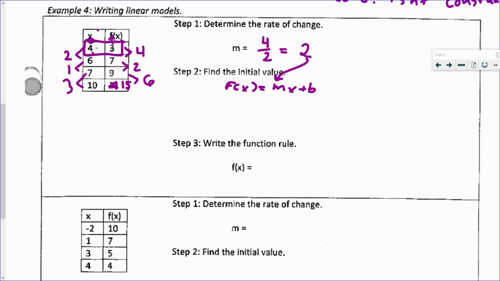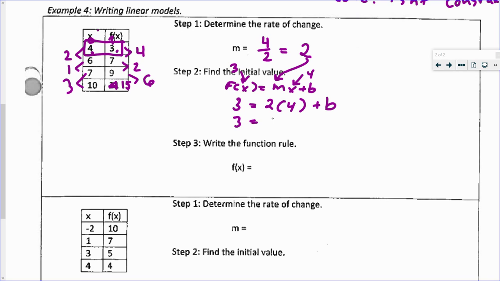4 is the x value, so in this equation, I'm going to plug in 4. The f of x value, so the whole thing here, is 3. So 4 was x, 3 was f of x, so I'm going to replace that on this side. So my equation that I get is 3 equals 2 times 4. The whole reason I'm doing this is to solve mathematically for b.